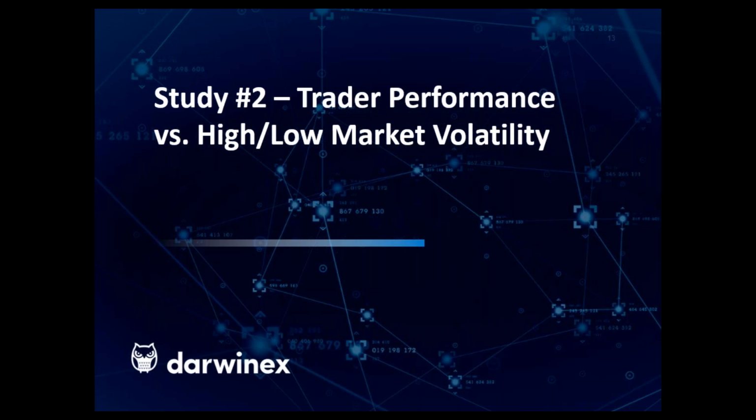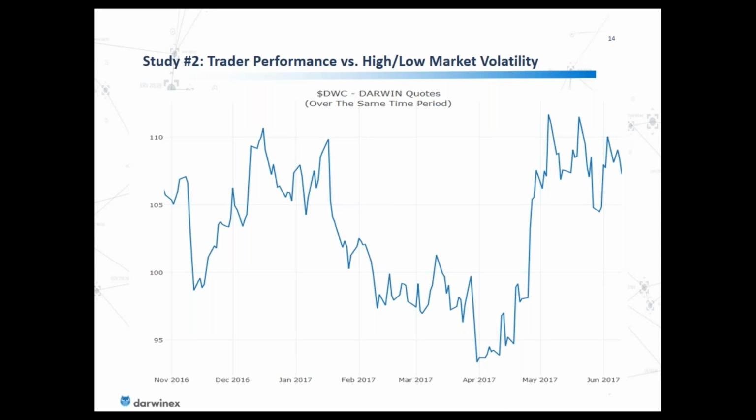And on the Darwin exchange, that asset is the DWC Darwin. So the DWC Darwin, as you know from previous webinars and blog posts, is representative of the community's trading performance, and the particular cycles in the DWC are representative of how the community is either prospering or suffering at any given point in time.